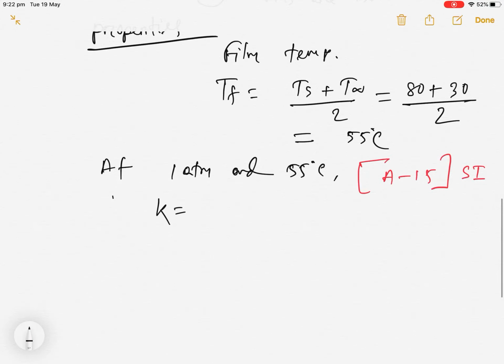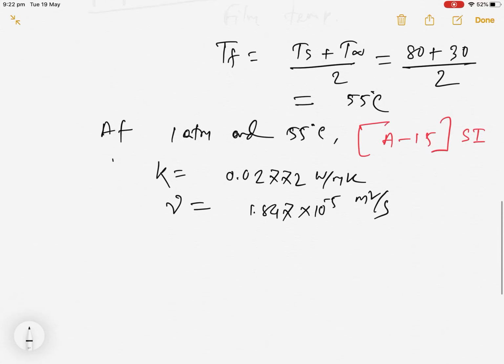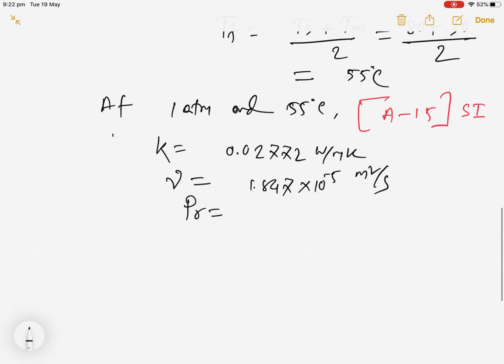So we can write it down. The thermal conductivity is 0.02772 watt per meter Kelvin. Viscosity is 1.847 10 to the power minus 4 meter square per second. Prandtl number is 0.7215, and beta is equal to 1 over TF.